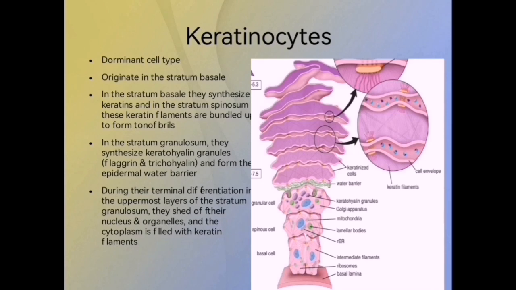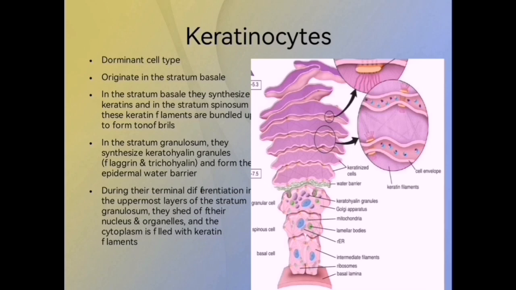Keratinocytes originate in the stratum basale, where we have the stem cells or the progenitor cells for the keratinocytes. These cells undergo differentiation until they reach the stratum corneum and then become fully keratinized and dead.